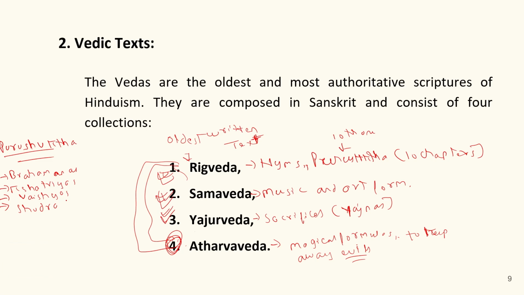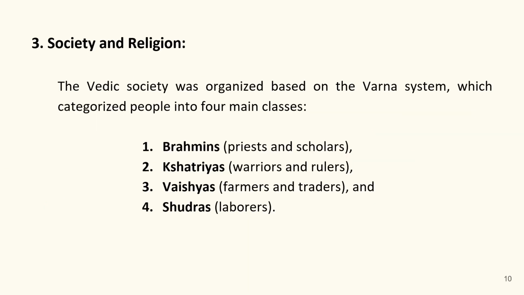Okay. We will learn about them in depth. First of all, we just need to have an overlook on this. Brahmans, Kshatriya, Vaishya, Shudra. These four words are described in Purushokta, which is the 10th chapter of Rig Veda. Got it? Now, let's go on further.